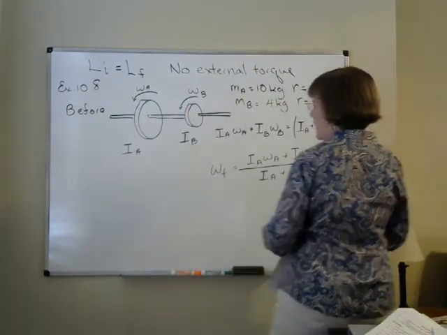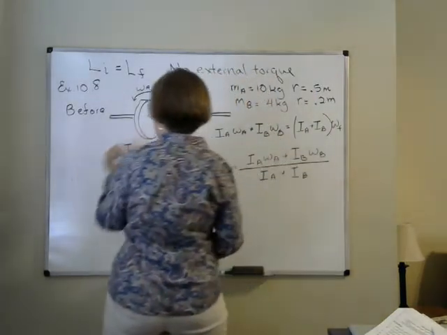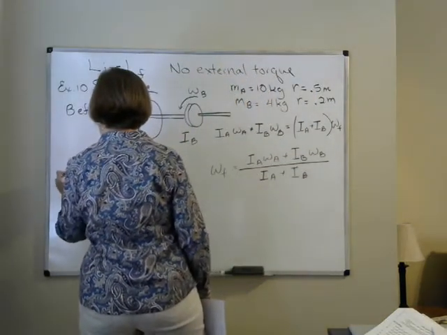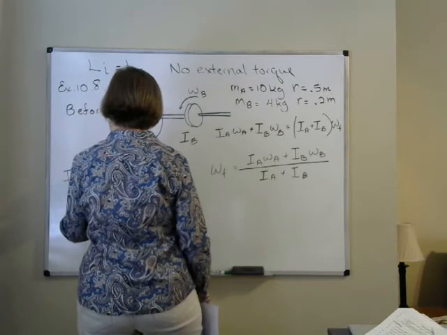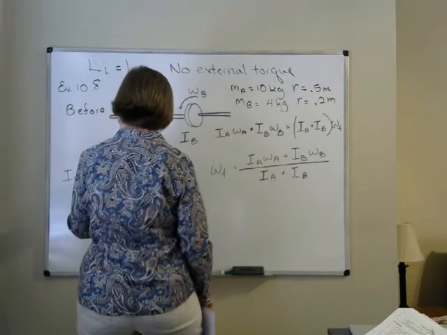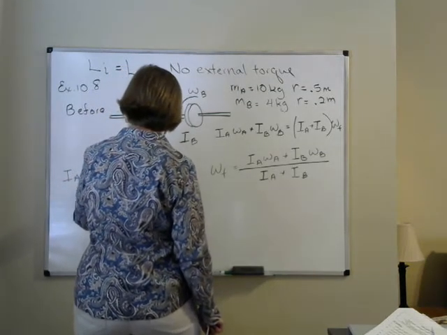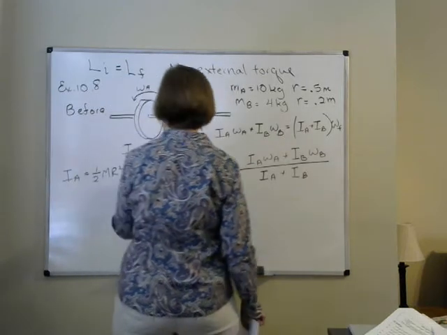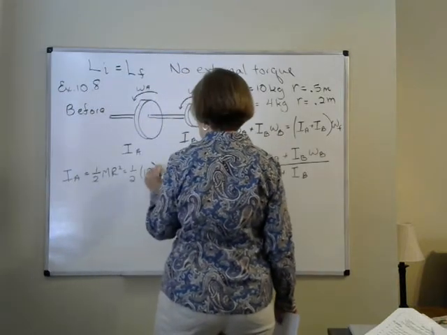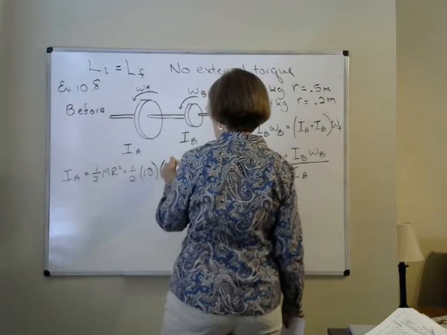We know that the moment of inertia for a solid disk is 1/2 mr squared. So we have 1/2 times 10 times 0.5 squared.